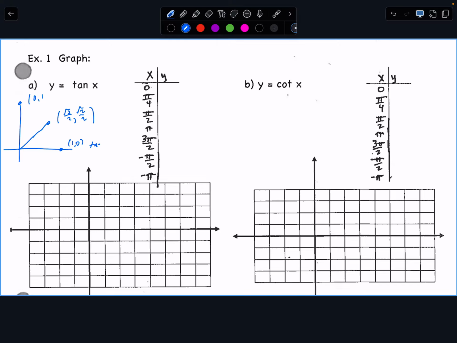So the tangent of 0 is y over x, and that is 0. The tangent at pi fourths is root 2 over 2 over root 2 over 2, and the tangent at pi fourths is 1. And the tangent at pi halves is your y over your x, and that is undefined, and that's where you're going to get a vertical asymptote.